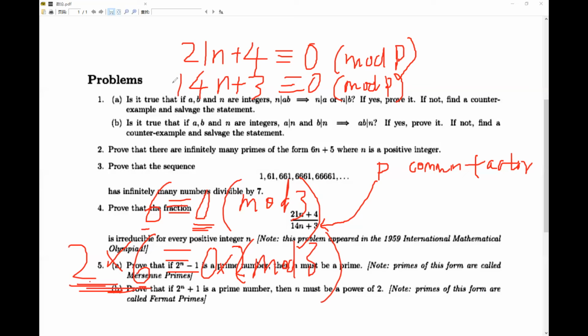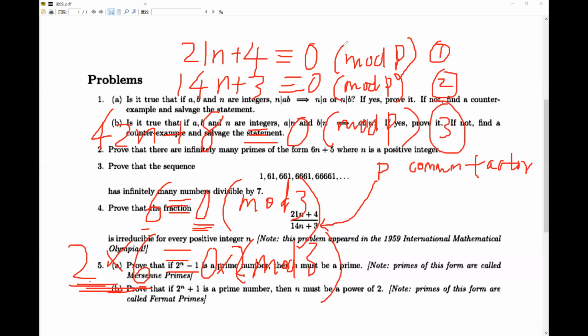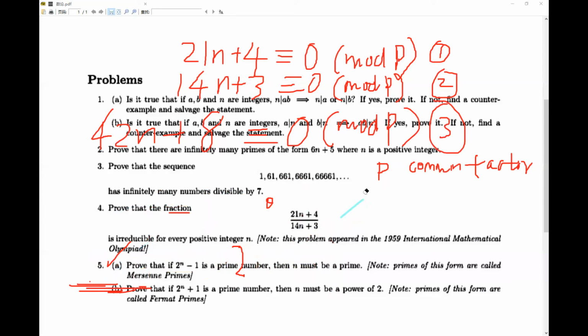Now we use this method. This is number 1, and this is number 2. Number 1 times 2, the left-hand side becomes 42n plus 8, congruent to 0 mod P. Then we need to do another change.